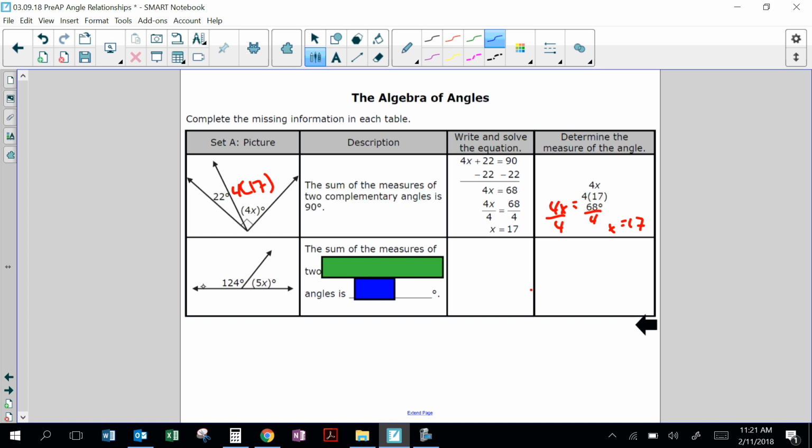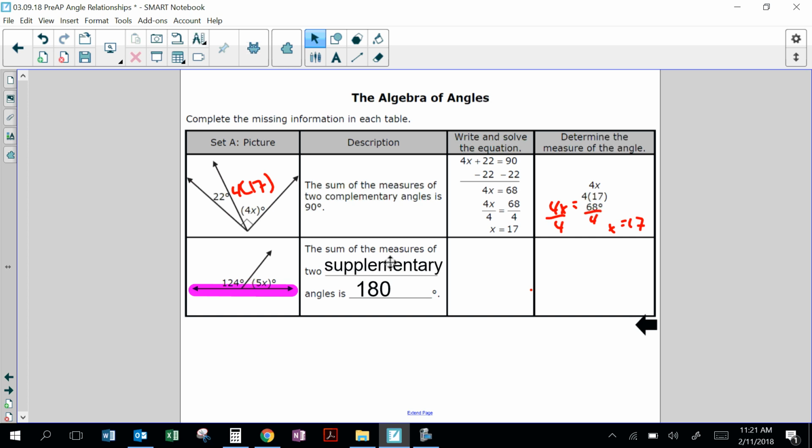Next one. This, let me highlight right here, is a straight line. In a straight line, it is equal to 180 degrees. And this word is called supplementary. You have two angles that add up to a straight line, which is 180 degrees.